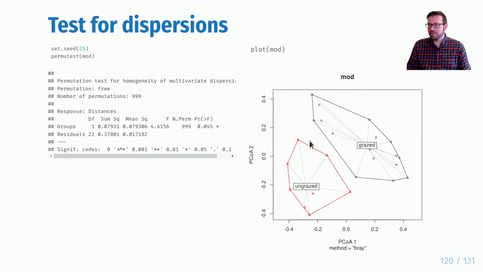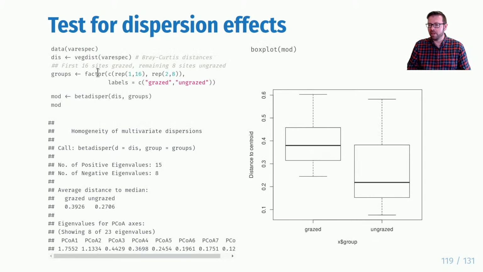Okay? And then this is this plot. And so that thing that I was showing you to illustrate was actually what PermDist is doing. It's looking at these multivariate distances, and we use the permutest function on our model to do a permutation test and see whether this observed difference is the sort of thing you would get if there was no difference between them, or whether this represents evidence of a real difference between the groups in terms of their dispersions.